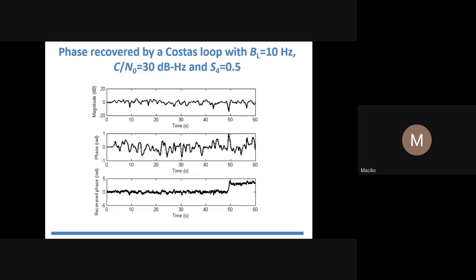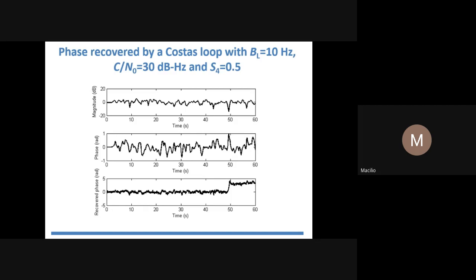But even with this value, observing the graph of recovered phase, the loop recovered the phase very well, but at this point we have what we call cycle slip.